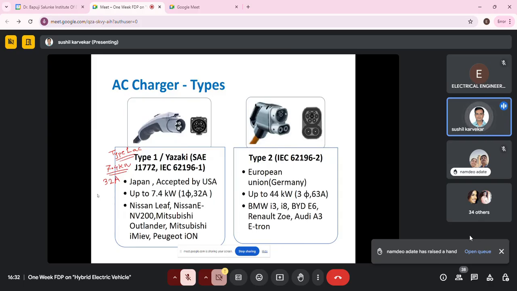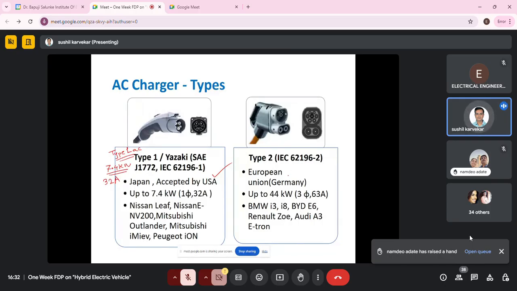For all four-wheeler systems, it's quite suitable. AC chargers having motors up to 7.4 kilowatt and 32 ampere support can be used with the type 1 system. It's widely accepted in the US, or American countries.